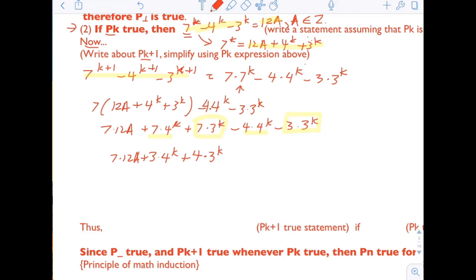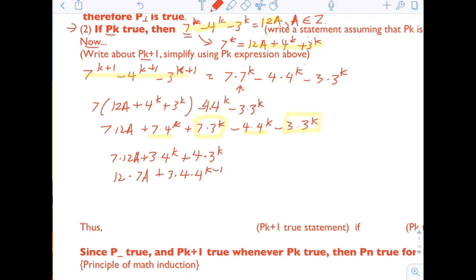And now what I'm going to do is factor out a 12 from each thing. I would have 12 times 7a plus, and if I factor out a 4 here, I would have 4 times 4 to the k minus 1, right?